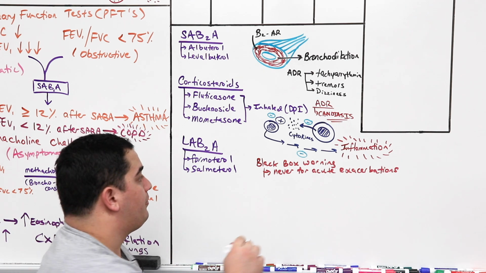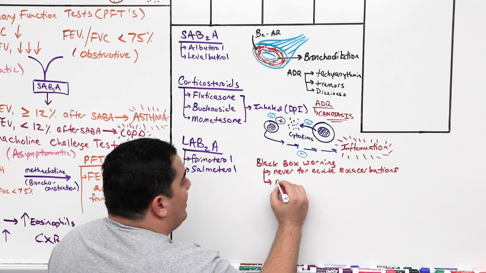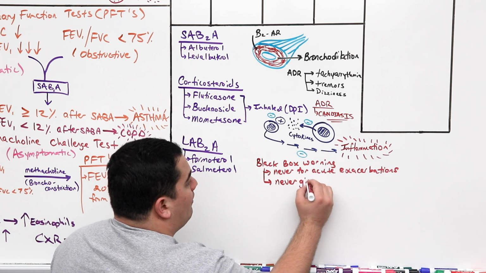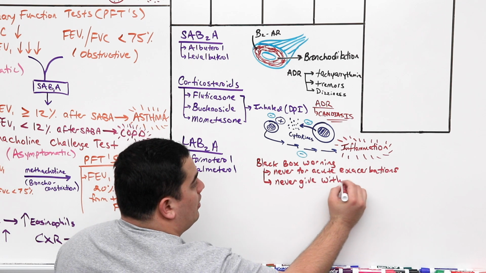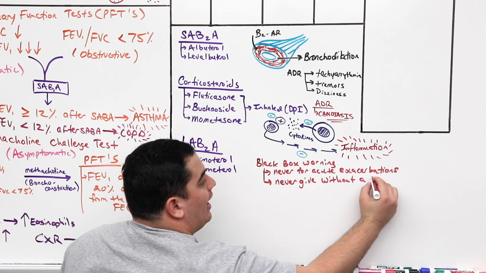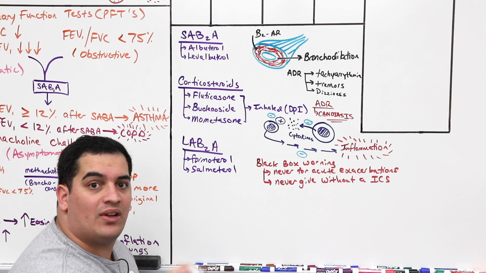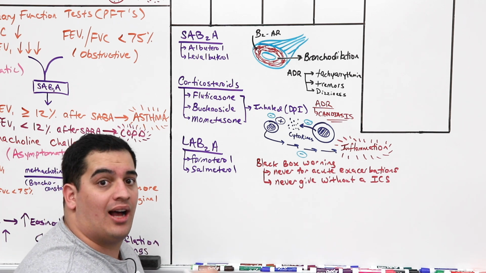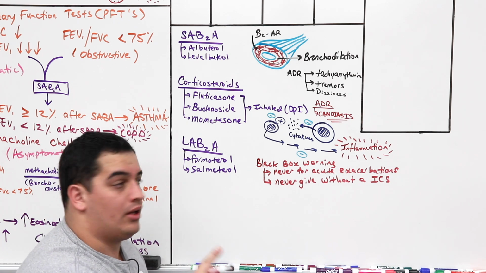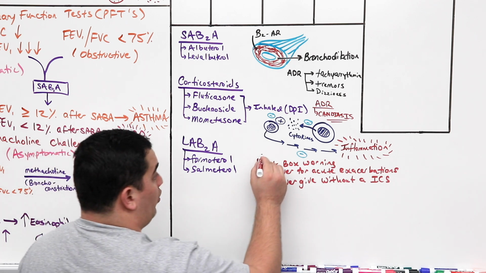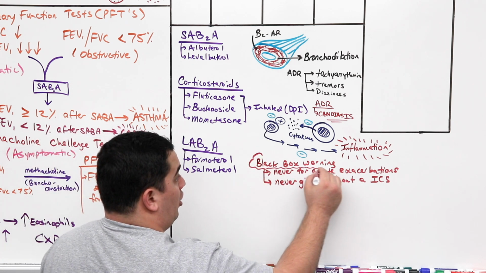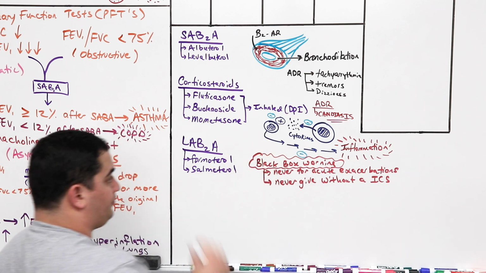That's the first thing. The second thing is never give it without an inhaled corticosteroid. Even if it's a low dose, you never give a LABA unless you're giving it in conjunction with an inhaled corticosteroid. So these are 2 things that you really, really don't want to forget when talking about a LABA.